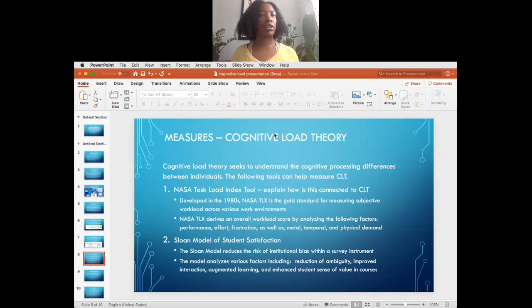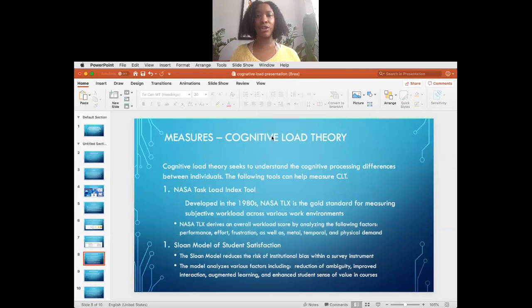How exactly is cognitive load measured, or how can it be measured? As noted, cognitive load theory seeks to understand the cognitive processing differences between individuals, whether they're novices or experts. And we found some tools that can help actually measure this. The first tool was developed by NASA and is known as the NASA Task Load Index tool.